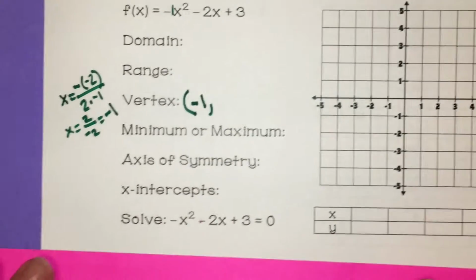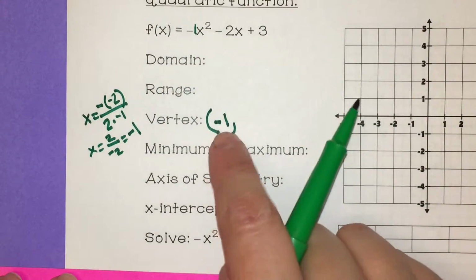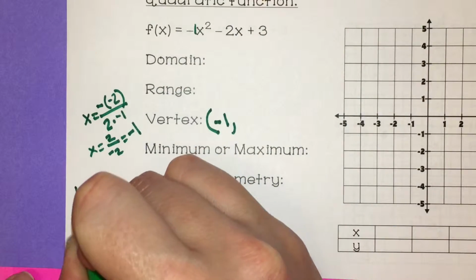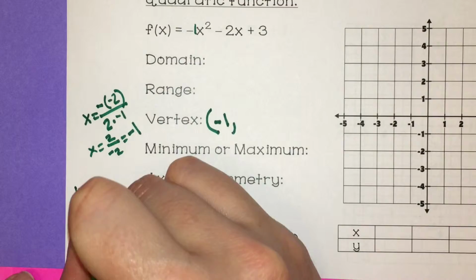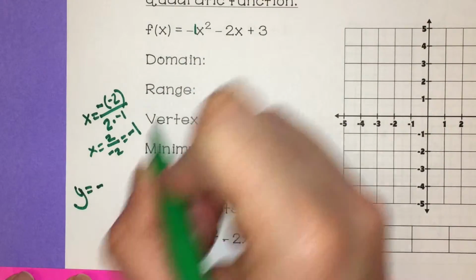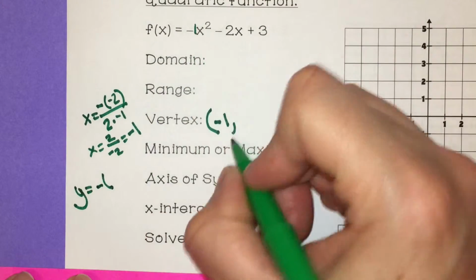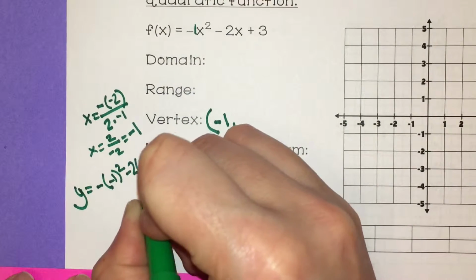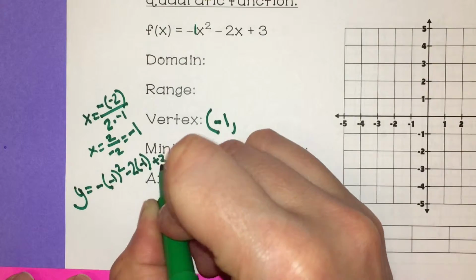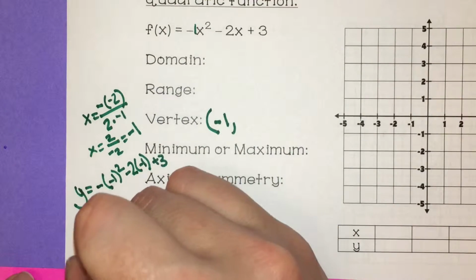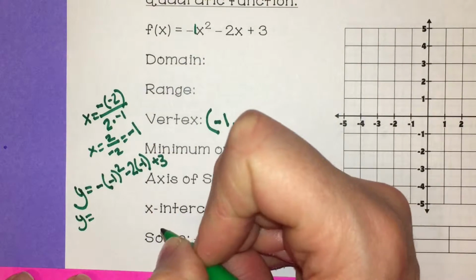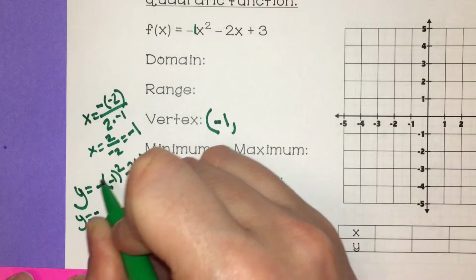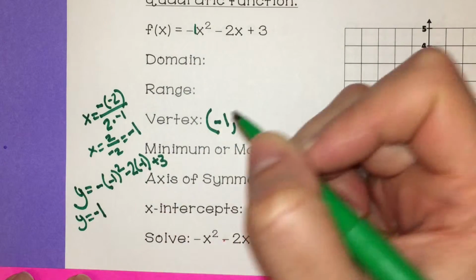All right, now I have to find the y coordinate. So I'm going to plug negative 1 back in for x. Remember, f of x just means y, so y is equal to a negative times negative 1 squared minus 2 times negative 1 plus 3. All right, so negative 1 squared is 1, but we have that negative on the outside, so it's a negative times 1, which is negative 1.